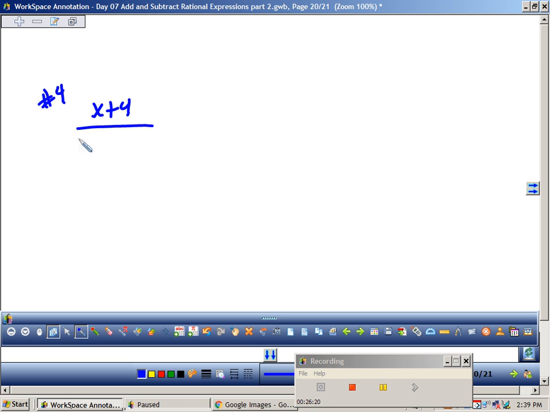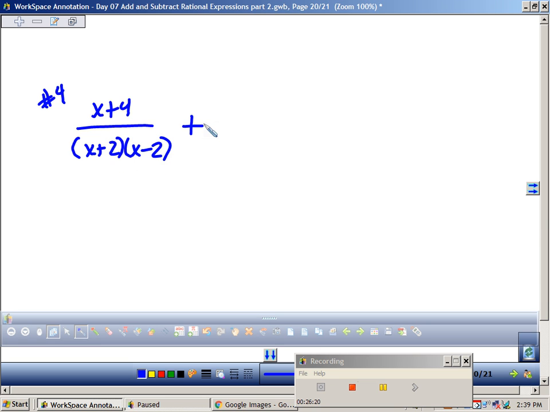x plus 4 over, I'm going to factor x plus 2. Why is there talking when I'm talking? And then I'm going to factor my numerator 2 times. I'm not going to factor it yet because I'm going to need to combine this, right? So I might as well just leave it right now. Okay, and so this one, 2x plus 2.